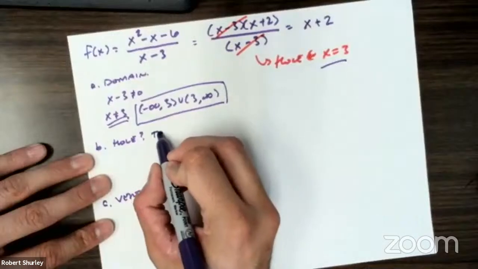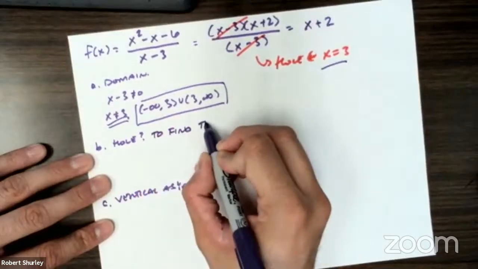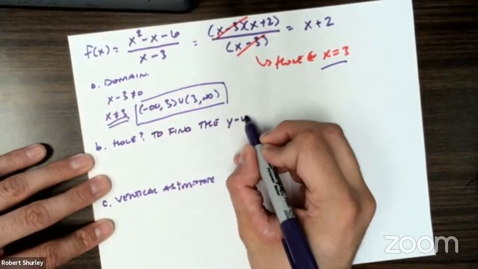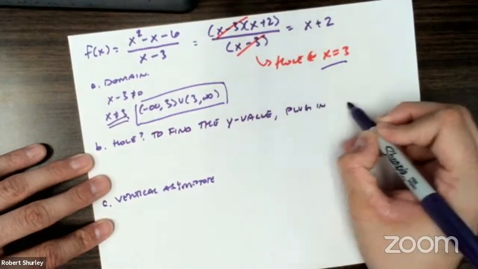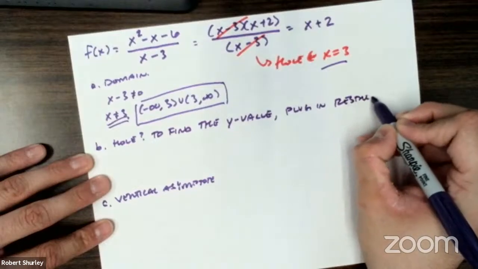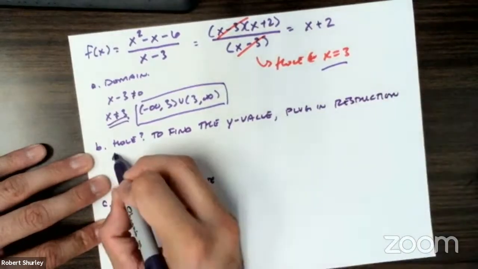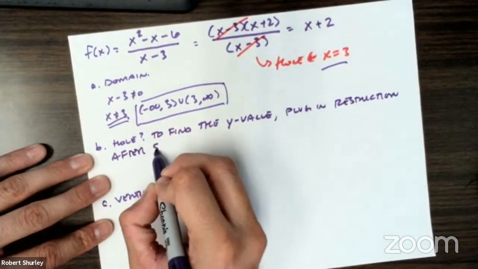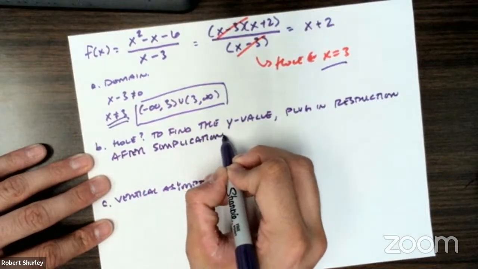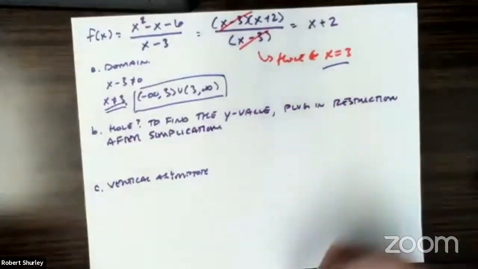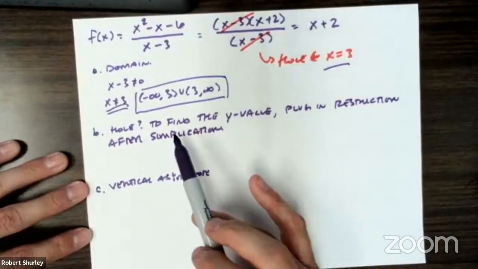So to find the y value of the hole, plug in the restriction after simplification. So you do not have to make the table. You're more than welcome to make the table, but you do not have to.